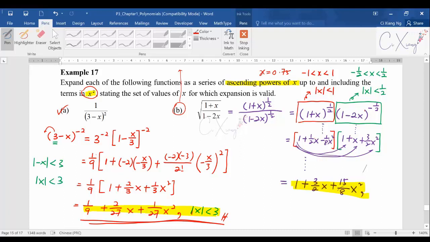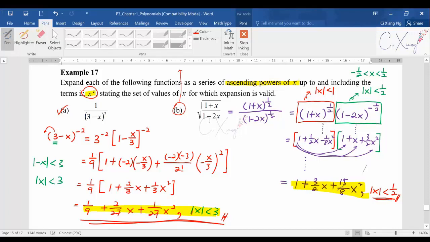So you have to make sure that you choose the value of x which is correct for both. Usually the smaller one will be correct for both. So the green color one will be the correct one. For the correct value of x, it is modulus x smaller than half.